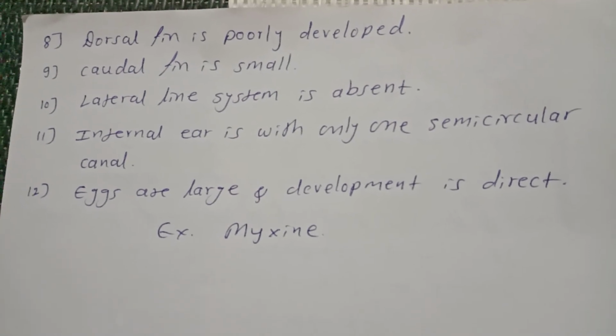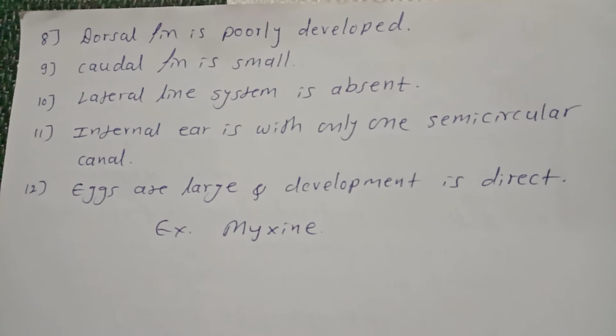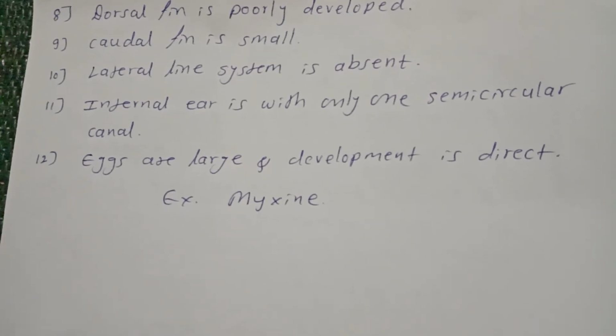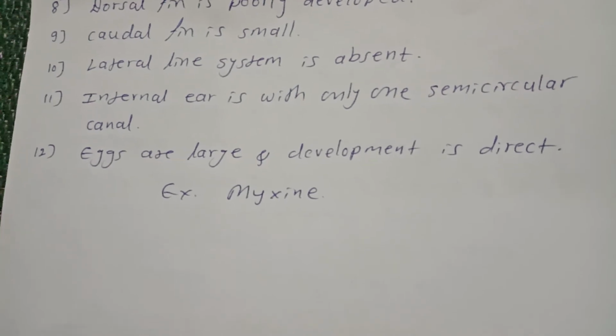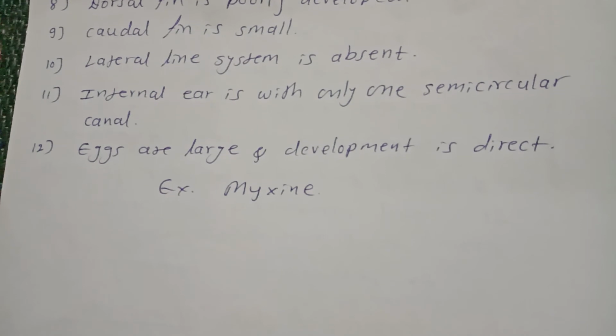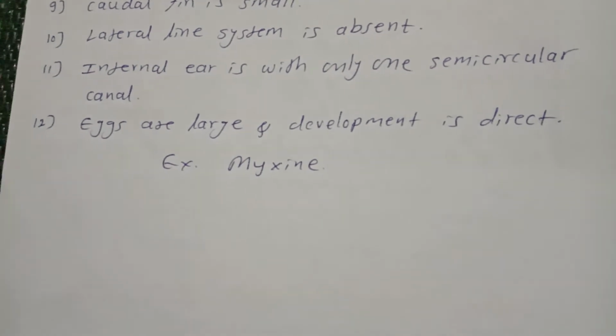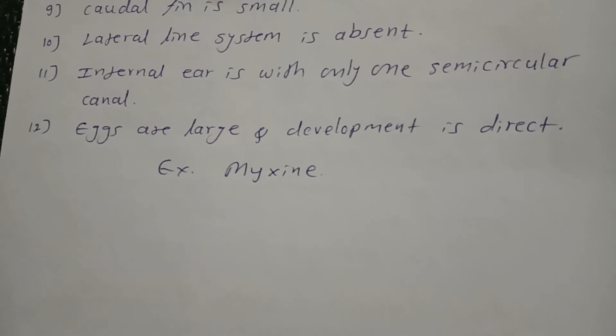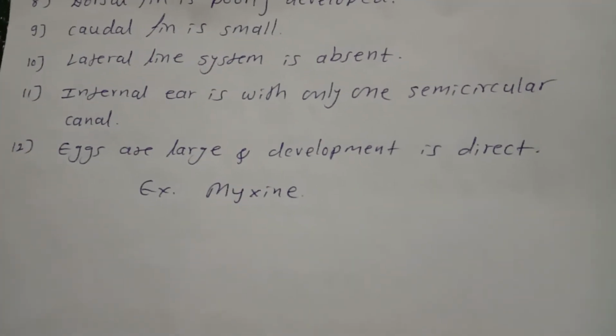Then caudal fin is small. Lateral line system is absent in all these animals. Internal ear is with only one semicircular canal. Eggs are large and development is direct.